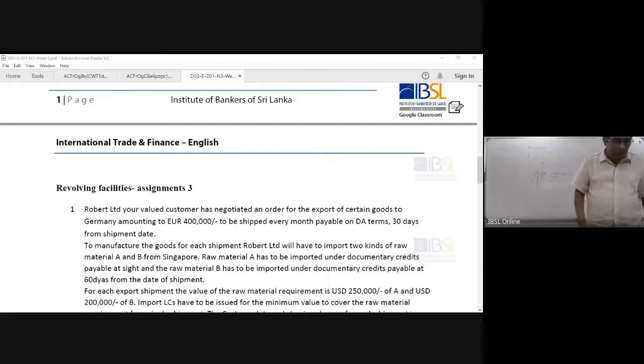You have to read the question properly. It's 90 days from the date of shipment, not 90 days from the date of receipt of documents. Shipment date is February. So 3 months from February is March, April, May. So May, this acceptance account will get nullified for that particular transaction.